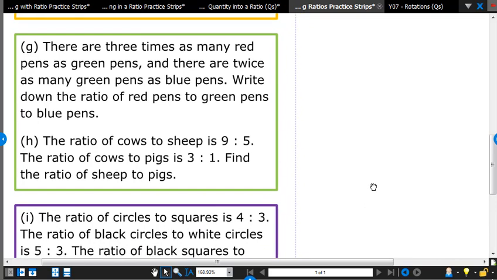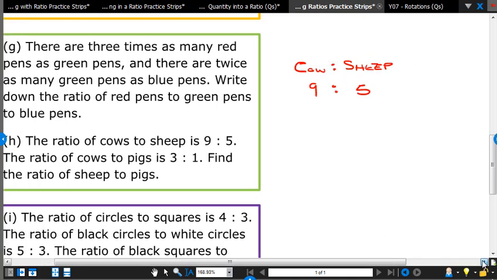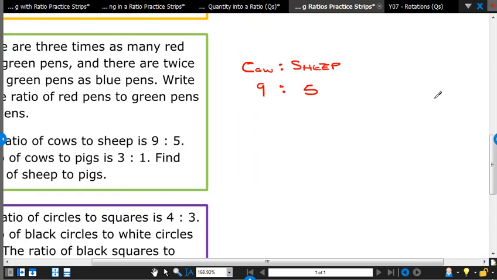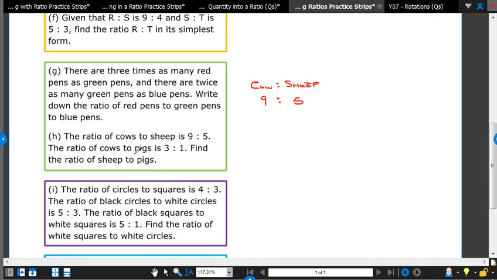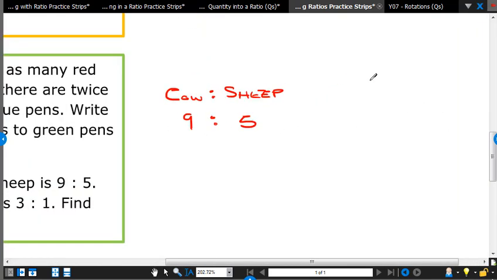Let's do H. The ratio of cows to sheep is 9 to 5. So we have cow to sheep is 9 to 5. The ratio of cows to pigs is 3 to 1.